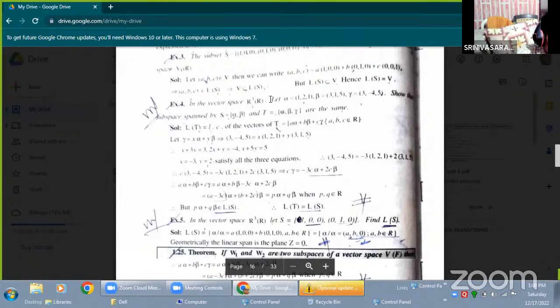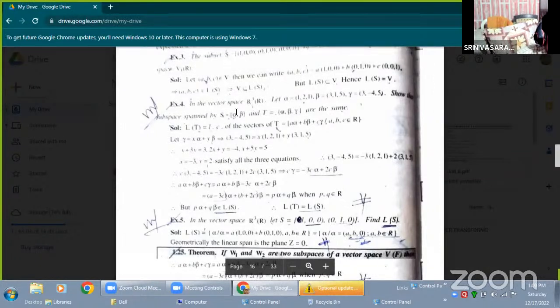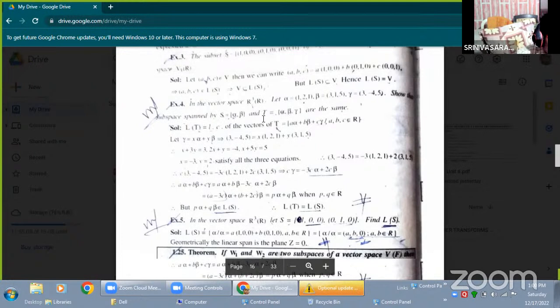T is also a subset, generated by alpha, beta, gamma. We want the linear span L(S) equal to L(T). The subset with alpha and beta is spanned, that is L(S), and the subset T with alpha, beta, gamma is also spanned, that is L(T).